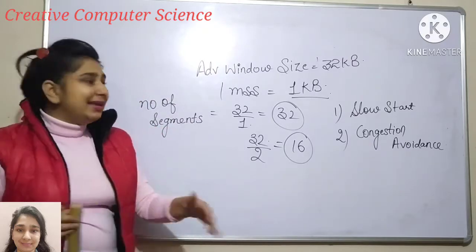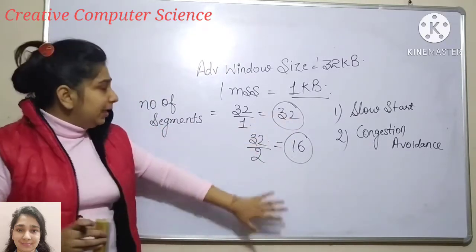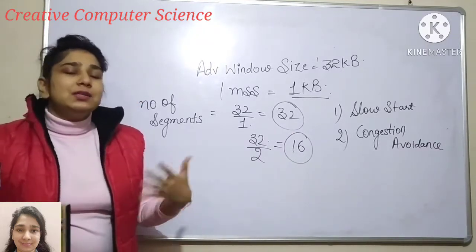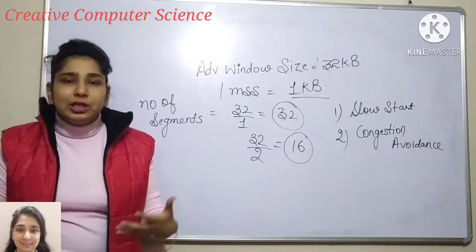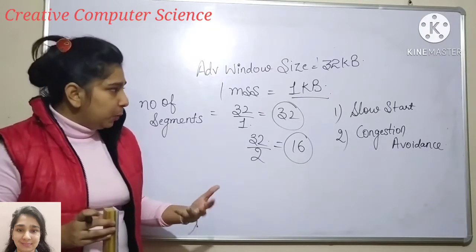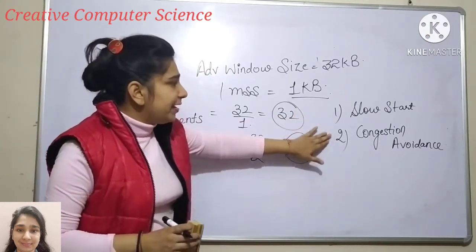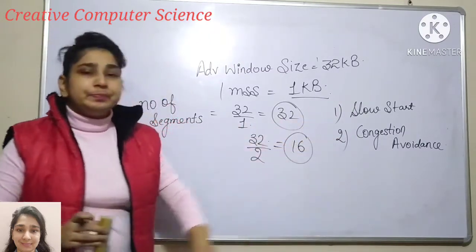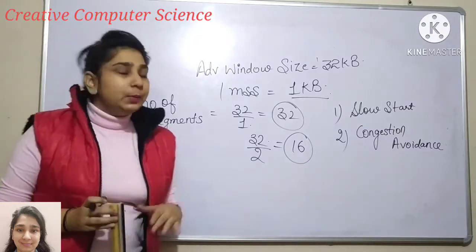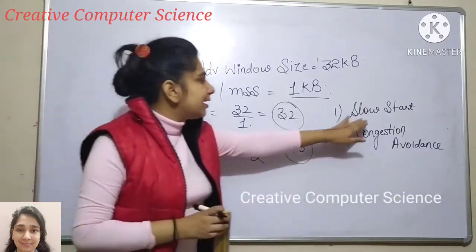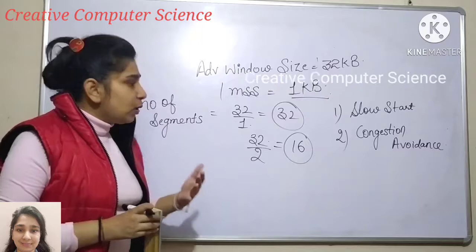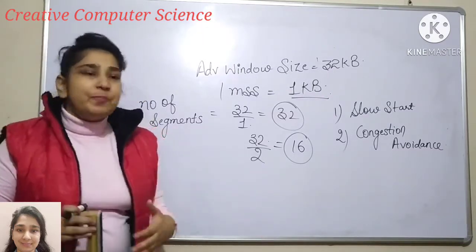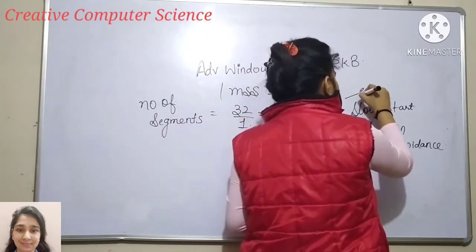The receiver is saying that I can accept 32 packets, but by taking care of the intermediate network, we are trying to gradually increase the total number of packets in the network. So these are the two phases in which we will be transmitting our packets in the network. In the slow start phase, we increase the number of packets exponentially.